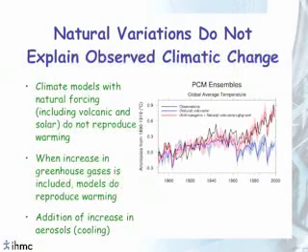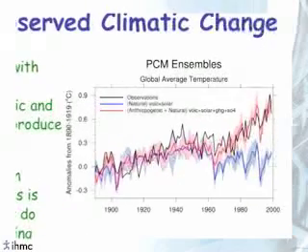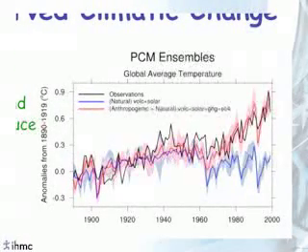Now here I want to show something about how we can dissect what goes on in the climate change. Here we're going from 1870 up to the year 2000. In order to answer the question, what's causing what in terms of the climate change, the black line is the observations.